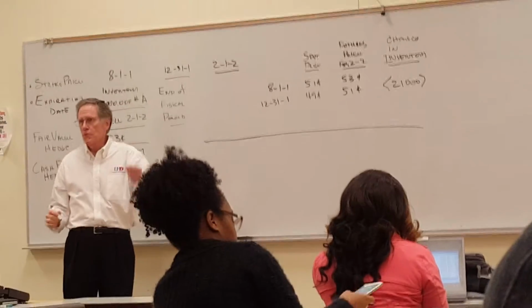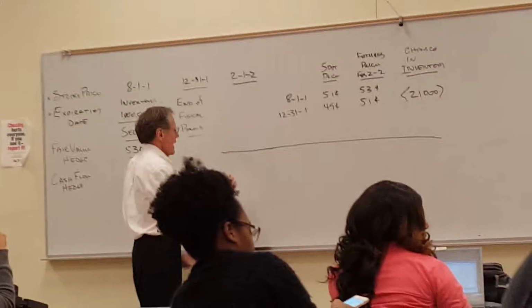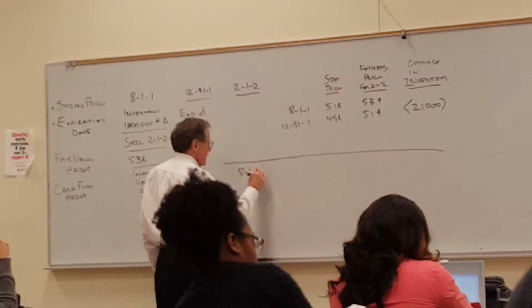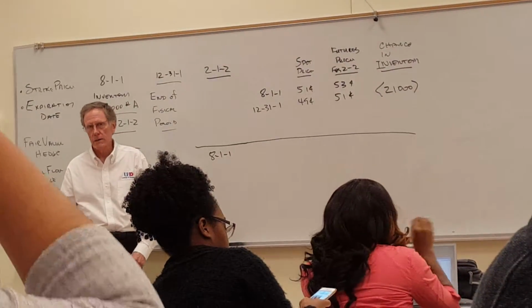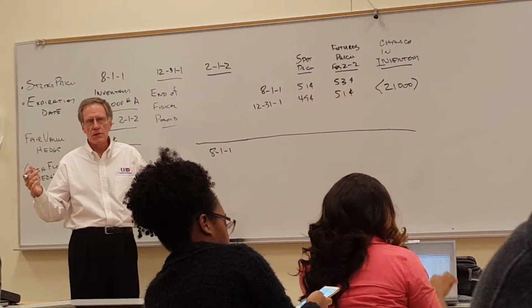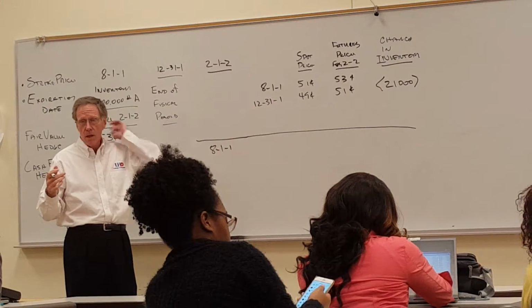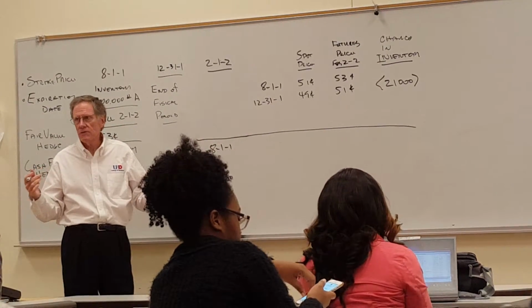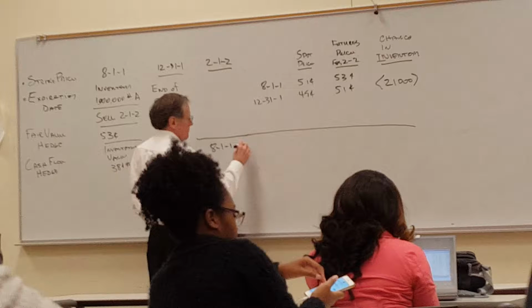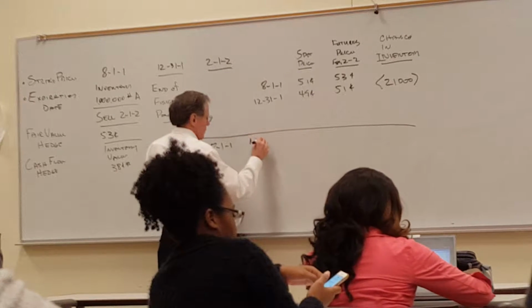So let's go through our entries. When we started out on 8/1/1, we entered into the contract. This is a nominal amount. They might have to put up some cash, but we can say no value.